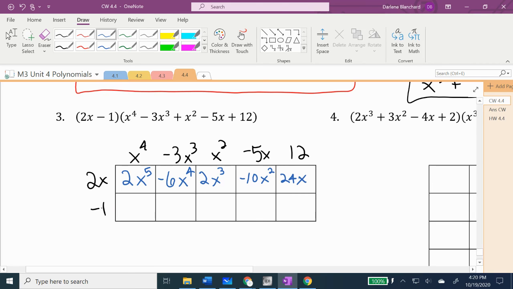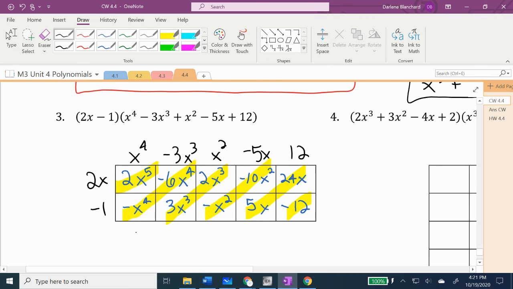Then row 2, I have negative 1 times x to the fourth, negative 1 times negative 3x cubed, negative 1 times positive x squared, negative 1 times negative 5x, and negative 1 times positive 12. And I again have those same diagonals. I have my x to the fifth diagonal, x to the fourth, x cubed, x squared, x, and a constant.